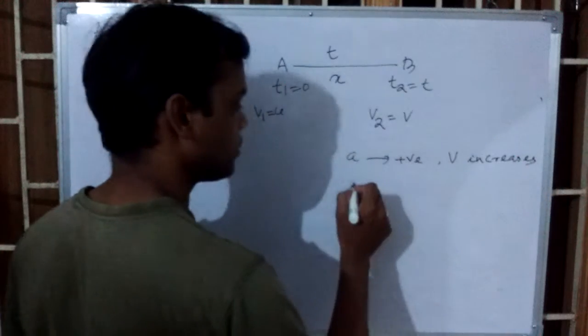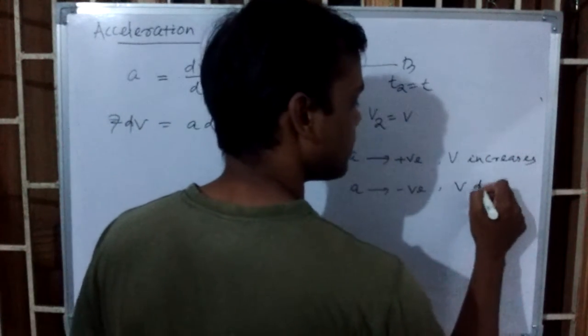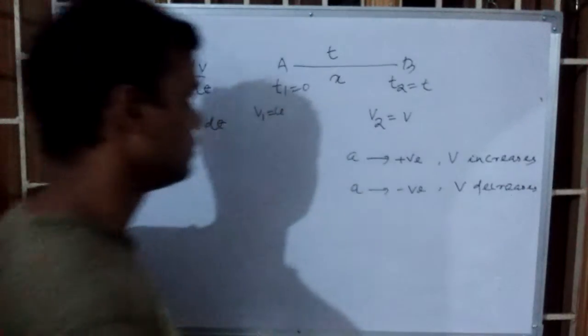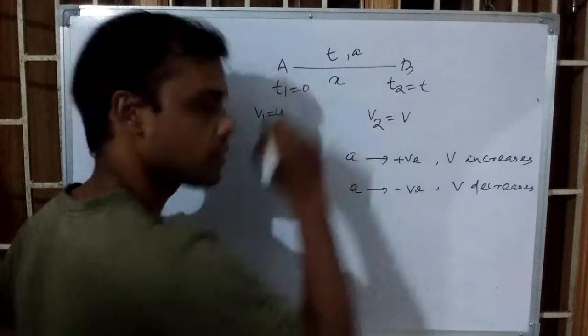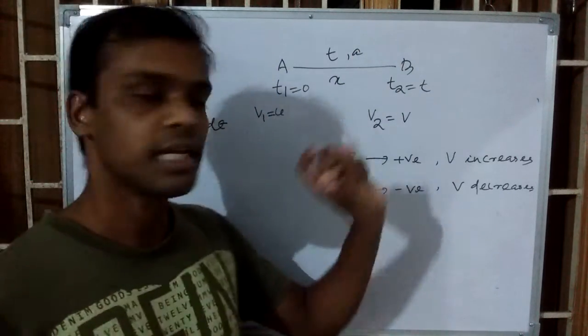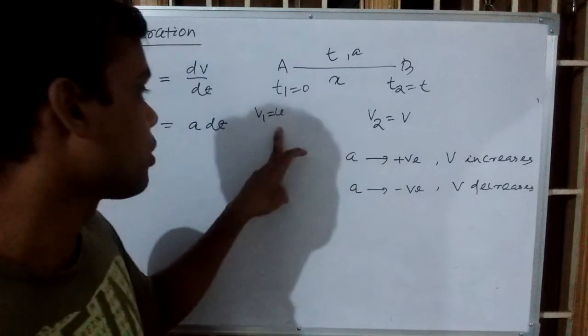You know it already. If a is negative, then v decreases. Now here you look, if the body is having acceleration a and that is positive, its speed will keep on increasing till it gets a value of v from u.